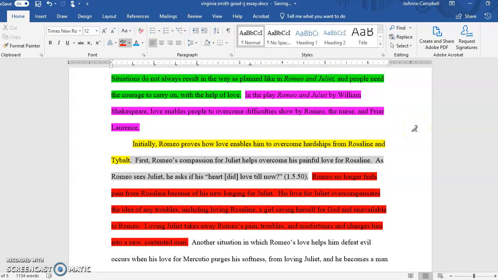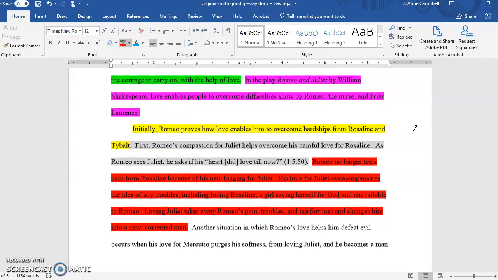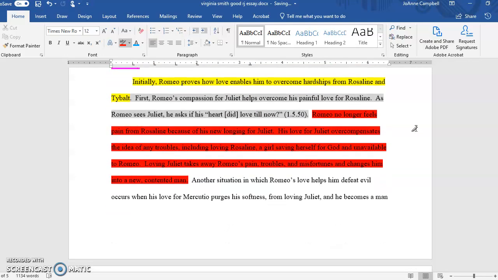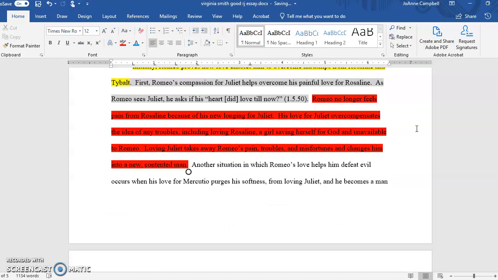Okay, so again, let's go back to her theme. Love enables people to overcome difficulties. Okay, and her example here is that Romeo sees Juliet and initially falls in love. Okay, now how is this love for Juliet helping him? So this is what she says in her commentary.